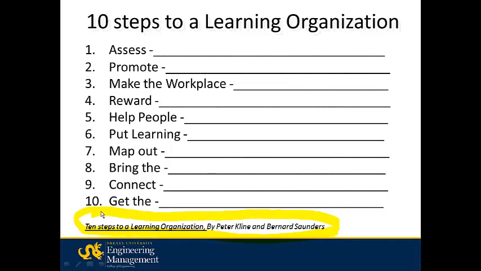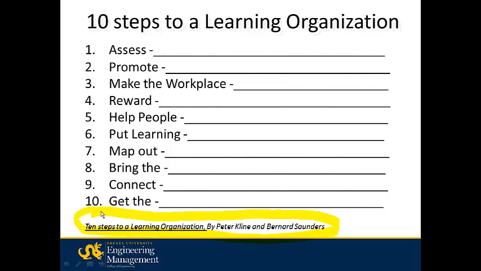What I have found is that if you can work on all 10 of these, or even several of them, in your workplace, you can create what is known as a learning organization, which you will read about in The Fifth Discipline, the required book for this course by Peter Senge. What I have found over the past 30 years is that understanding these elements and picking a few of these to focus upon will identify you as a great manager and a great leader.